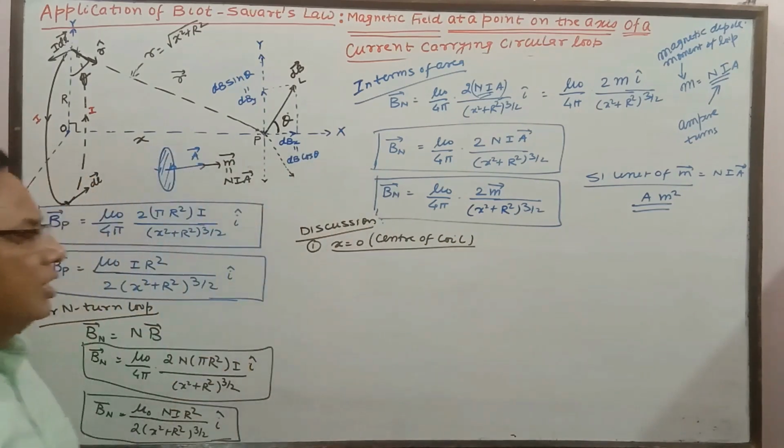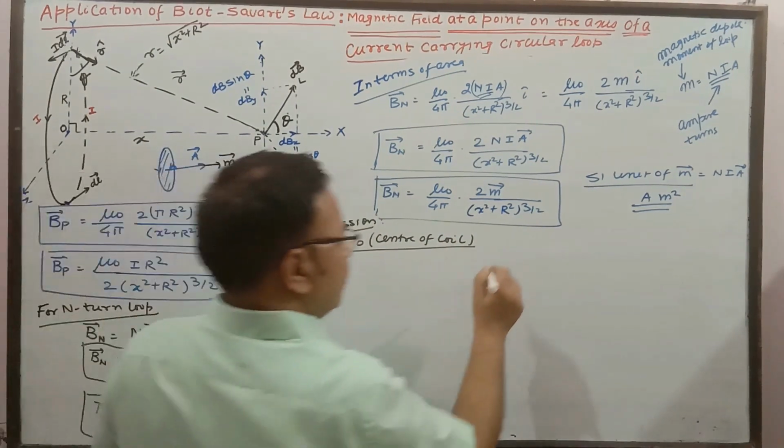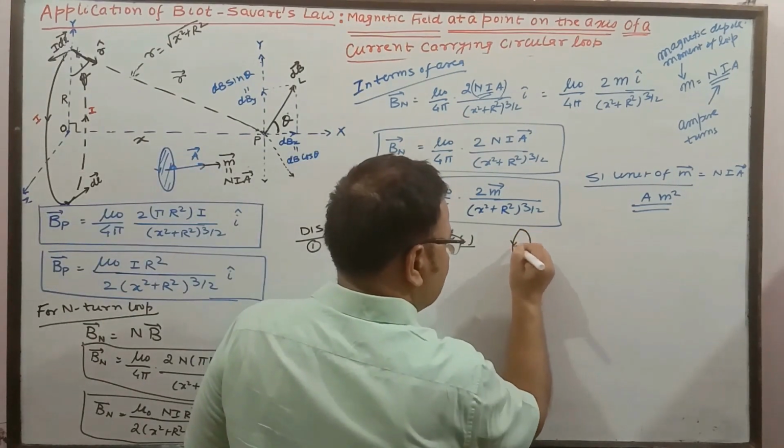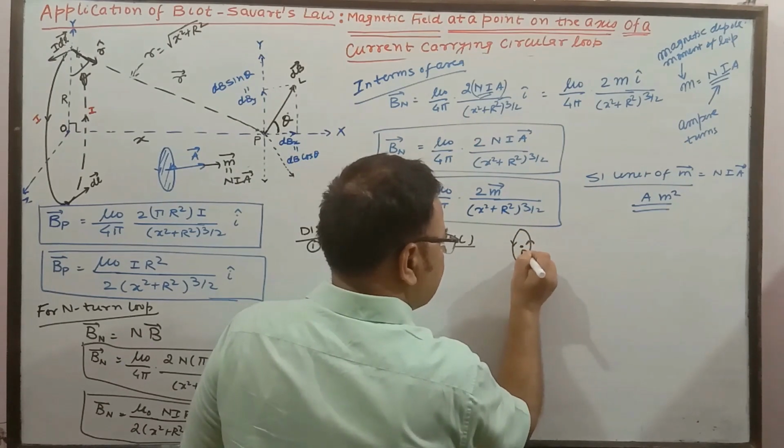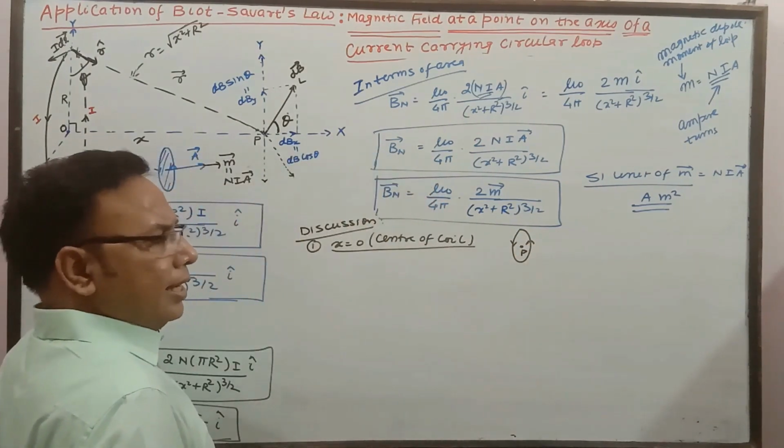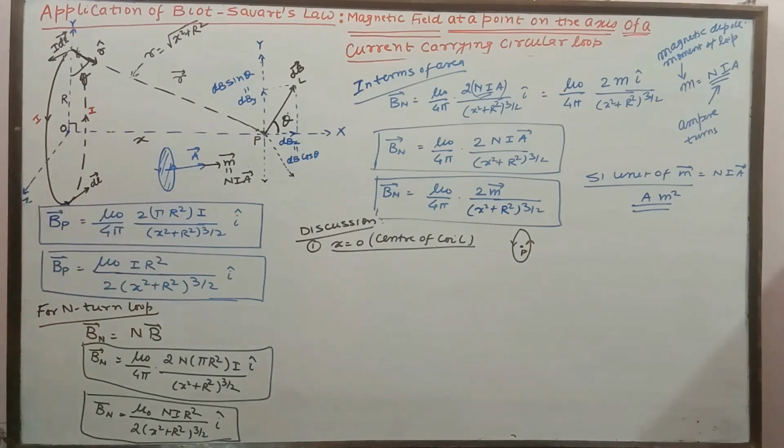X equal to 0 means the center of the coil. In that case, we are going to see the field at the center, here at O. We have to put x equal to 0 in either one or two. If you put x equal to 0, this becomes r cube.